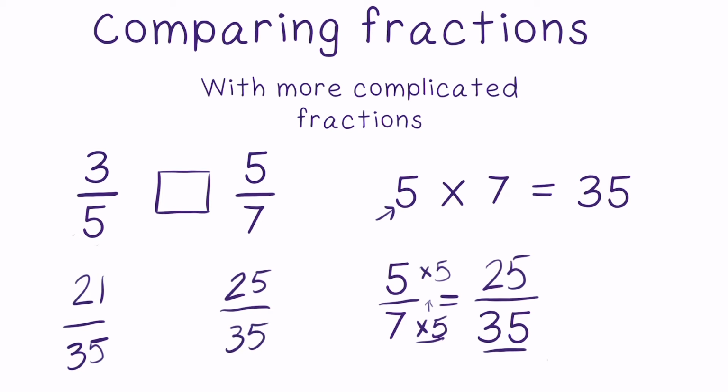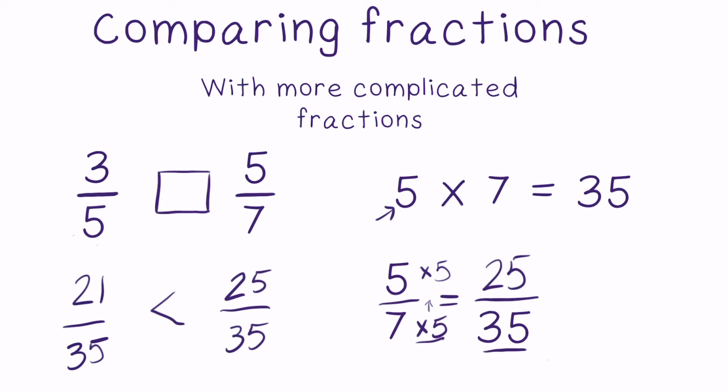And since we have common denominators in the equivalent fractions, we can look to the numerators and determine that 21/35 is less than 25/35.